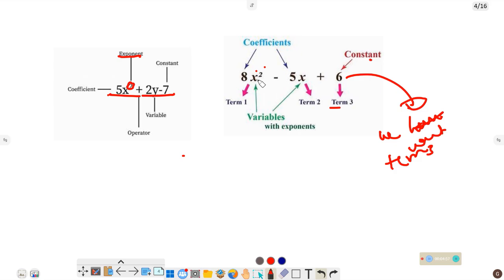So it has 3 terms. 8x square is term 1, 5x is the second term, and 6 is term 3. The last term is a constant, and 8 and minus 5 are the coefficients of x square and x respectively.